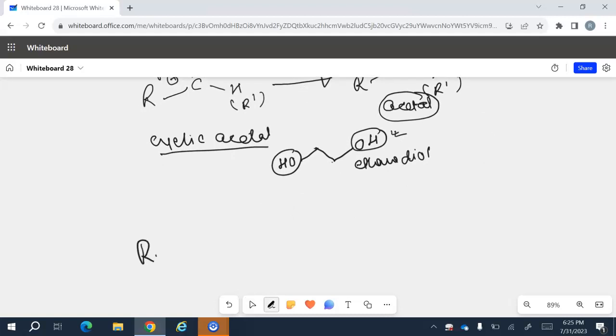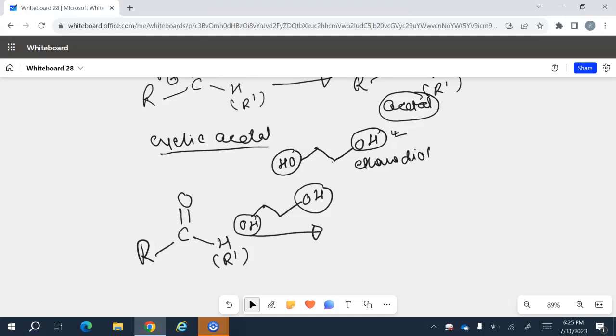Say, for example, if you have C, it can be either aldehyde or ketone, double bond O, and you are reacting that with, say, ethane diol. Again, two OH groups on the same molecule. And this reaction takes place, as you know, in a little bit of acidic condition.